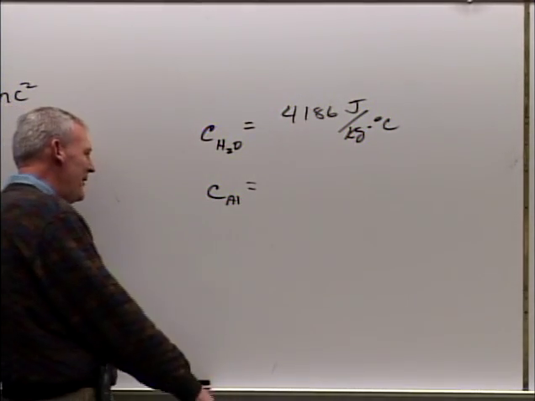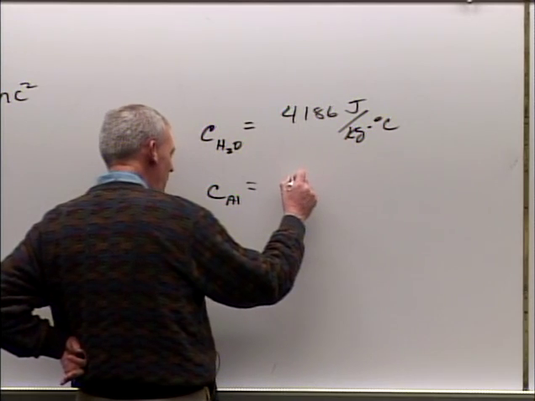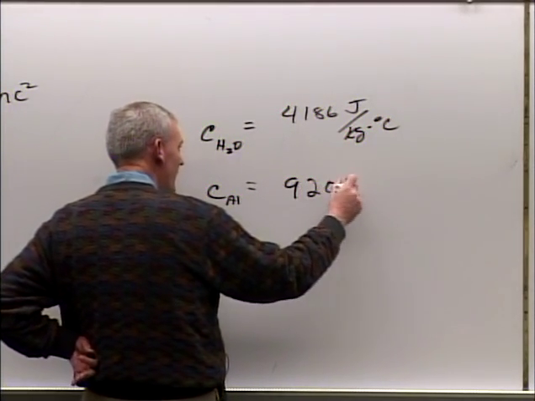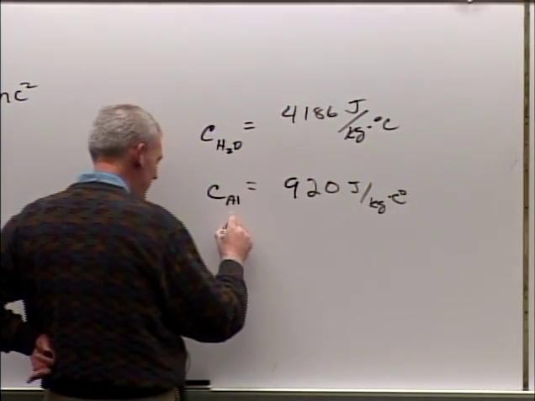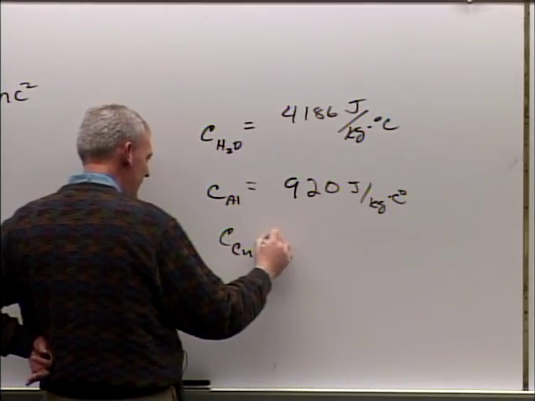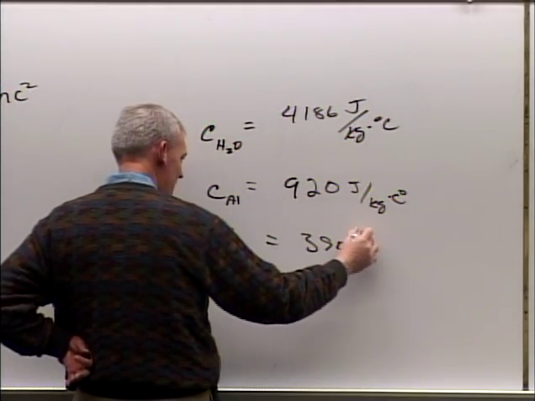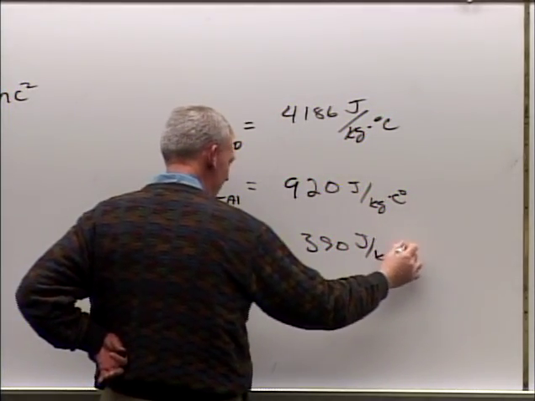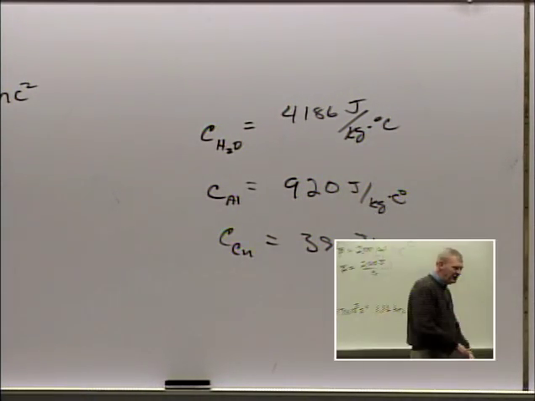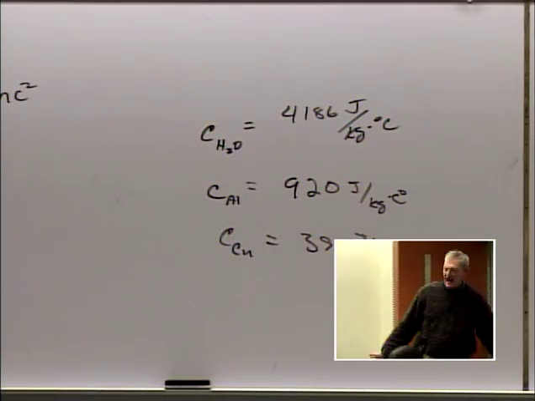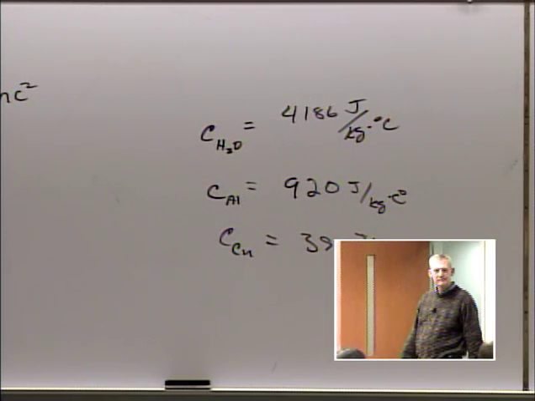All right, now that we got that cleared up, the specific heat for aluminum is 920 joules per kilogram Kelvin, and the specific heat for copper is 390. Which one's easier to heat up of those three? Which one will get hot really quick?